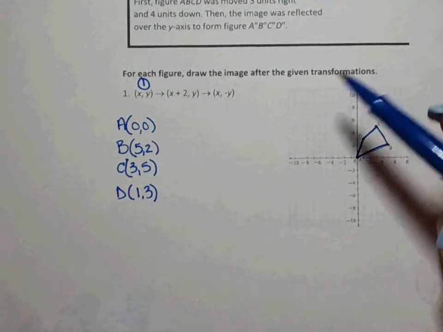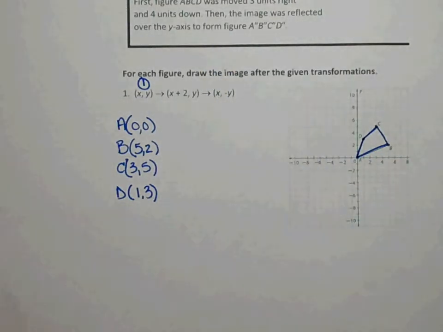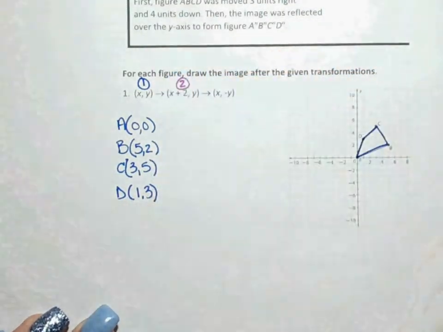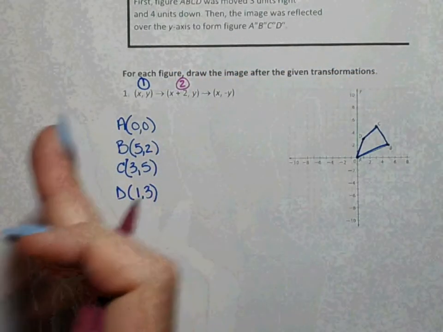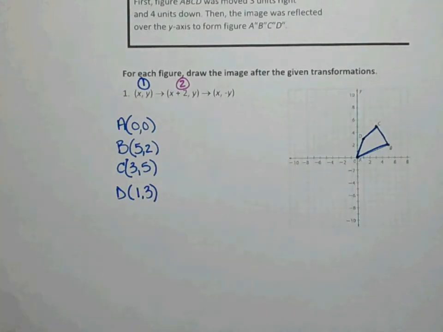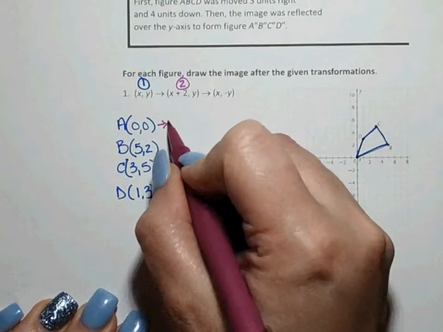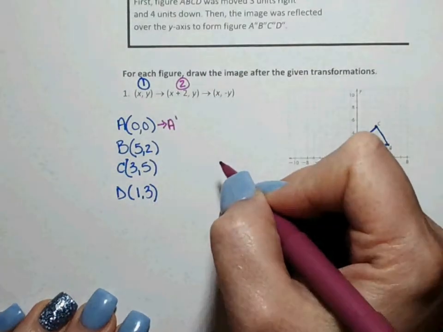Alright, so I want to apply this first transformation to my pre-image, and so I'm going to do that in pink so I can see the difference and we can follow the sequence. So the point A, after a transformation, is now the point A prime.